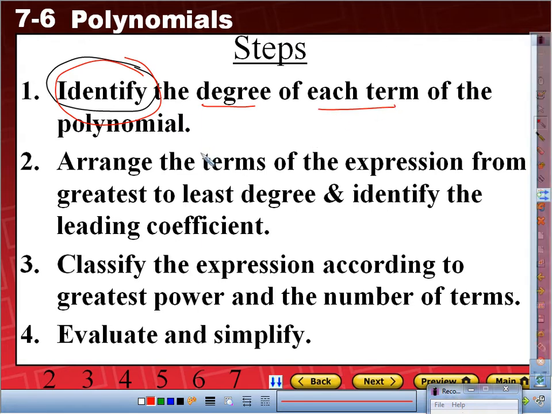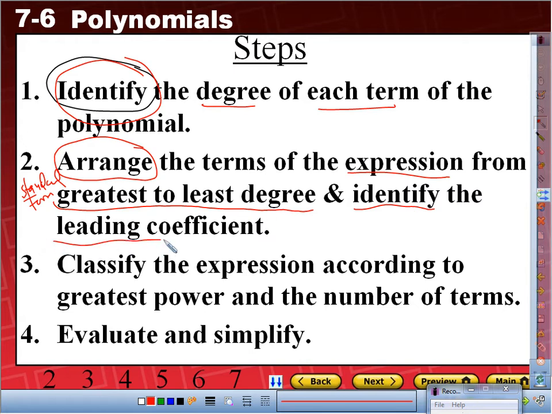Did we do that, right? Yes. Okay. For step two, we arrange the expression from greatest to least degree, and we said that that was called standard form. And then at the end, we identify the leading coefficient.